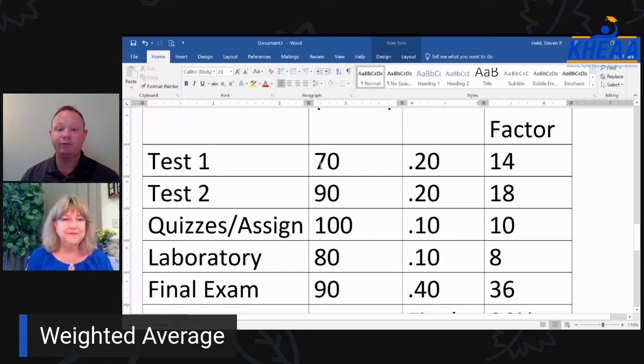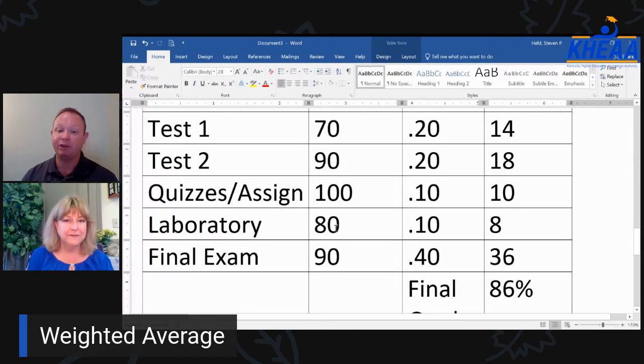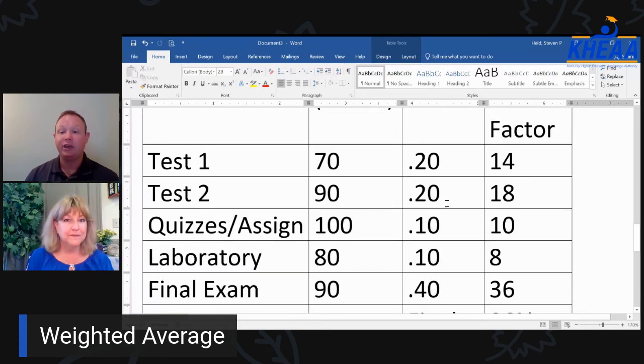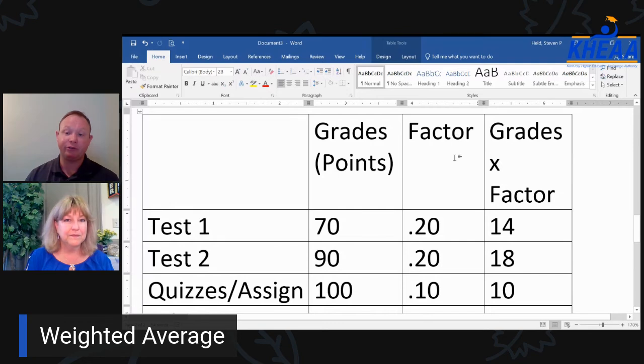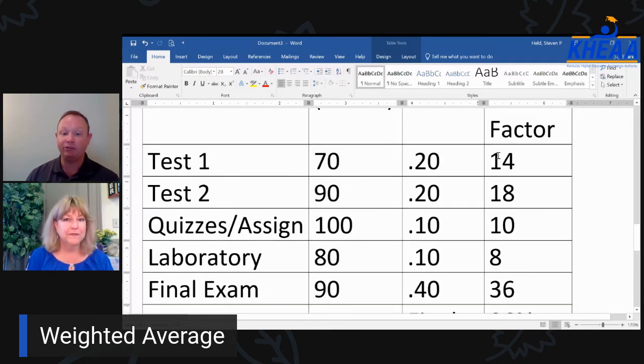And so now, if we just looked at this and averaged all of these scores together, we're not going to get a weighted average. We're going to get a simple average. So we're going to get a mean for all of those grades. And it is not going to come out to the right score because we have to use the weighted factors to find out how many points each one of these individual columns, these different categories, is going to add to the final grade.